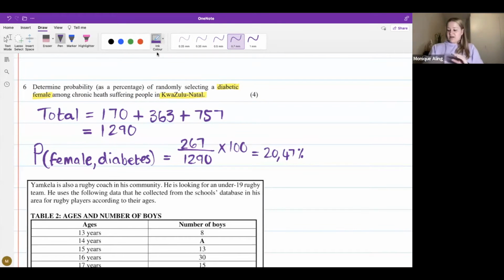So the actual answer before I rounded there was 20.465. Remember when we round to 2 decimal places, we focus on the number 2 places away from the comma. We look to the right and see if it goes up or stays the same. And because it's a 5 next to the 6, it goes up to a 7, and that's how I end up with 0.47 as my decimals.